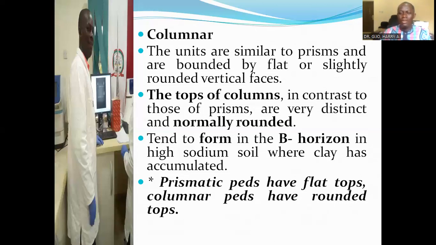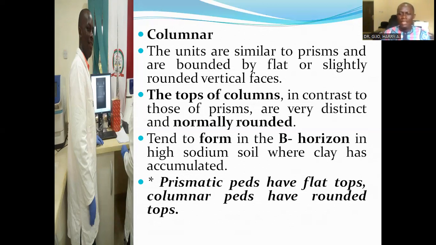They have rounded tops, and that distinguishes them from the prismatic structures. They tend to form in the B horizon in high sodium soil where clay has accumulated.